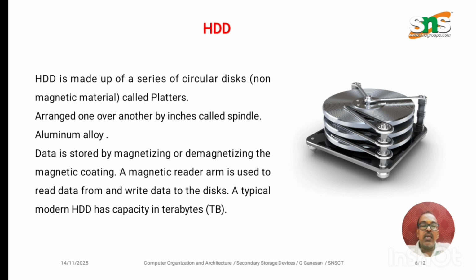The magnetic reader at the top of the hard disk is moved from one place to another, and whatever data is written under the head is read. Today the minimum capacity of a hard disk drive is 1 terabyte. Ten years back a 10 GB hard disk was very huge, but today a 1 TB hard disk is available.